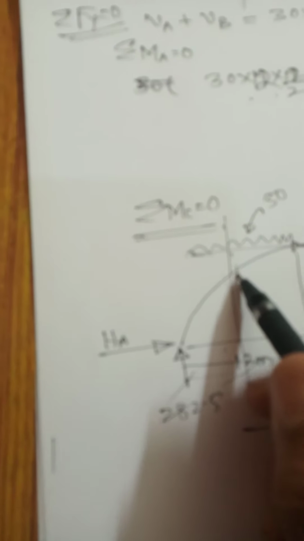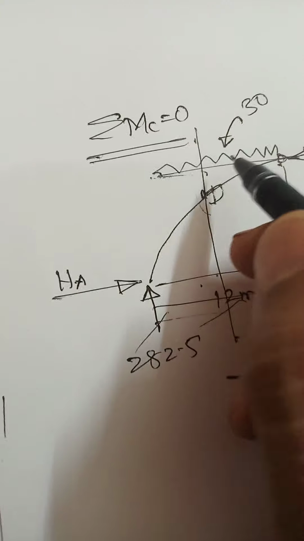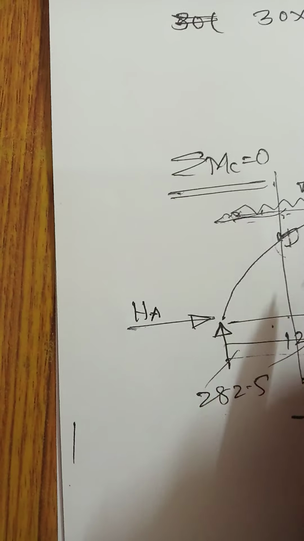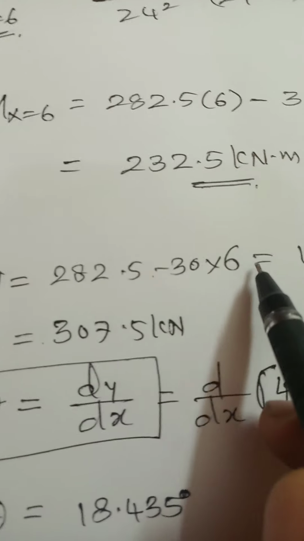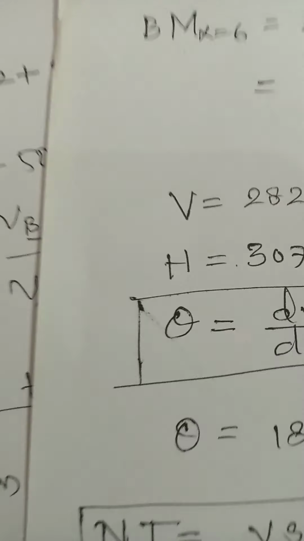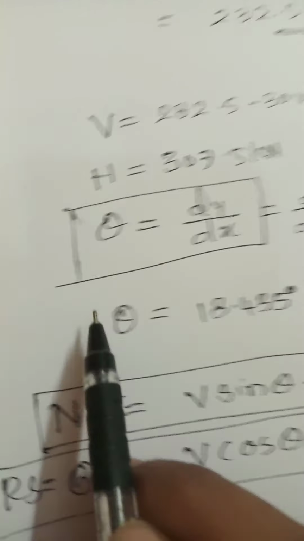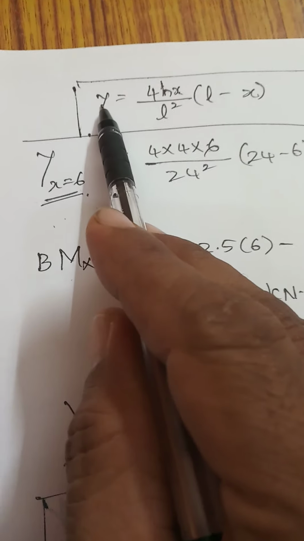We have to calculate the shear force for the left hand portion, at the point I'll call D. So at this point it is 282.5 minus 30 into 6, since we are calculating the shear force at 6 meters from the left support. That is 102.5, and the horizontal force is already calculated. Theta is nothing but the slope. The slope is calculated by differentiating this parabolic equation of y with respect to x, and we'll substitute the values.